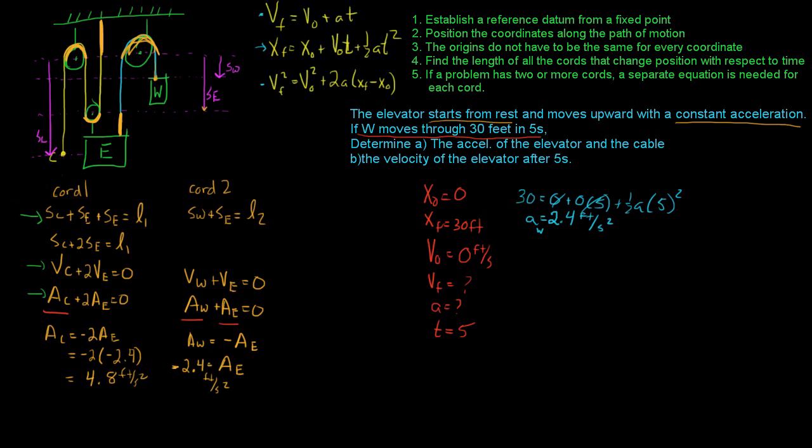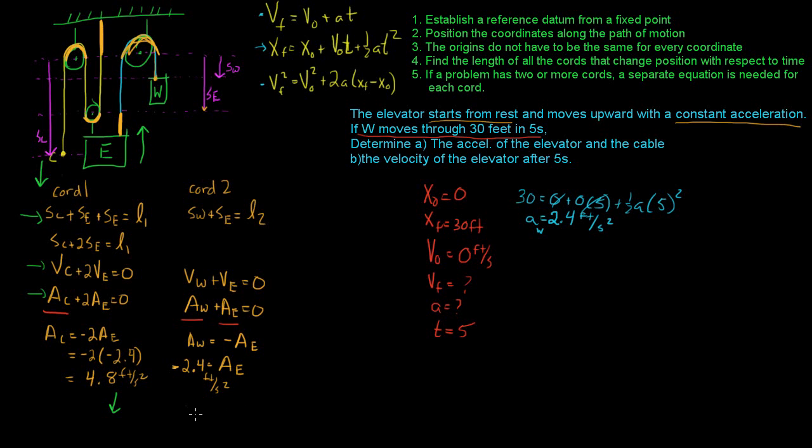And what does this actually tell us? This tells us that the acceleration of C is 4.8 feet per second squared, and it's positive. So C is moving down. It's moving in the positive direction at 4.8 feet per second squared. The acceleration of the elevator, AE, is a minus 2.4 feet per second squared, and minus means it's moving against our positive direction.